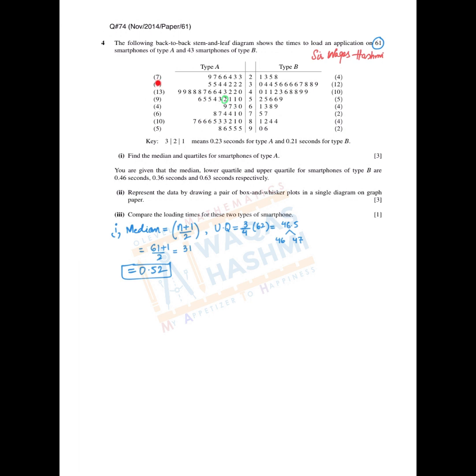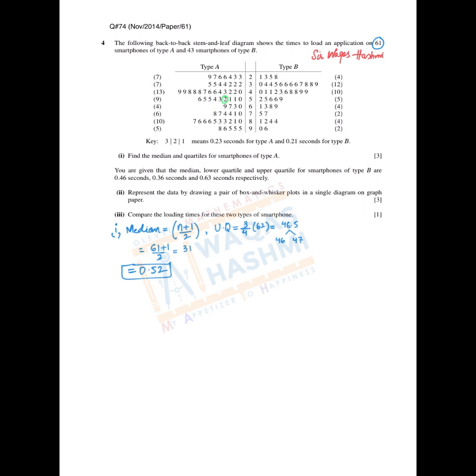So 7 plus 7 is 14, plus 13 is 27, plus 9 is 36, and 36 plus 4 is 40. The 46th term lies here, and the 47th term lies here.